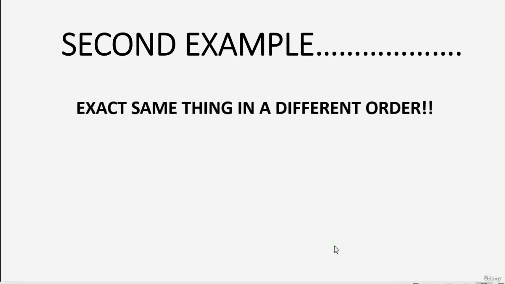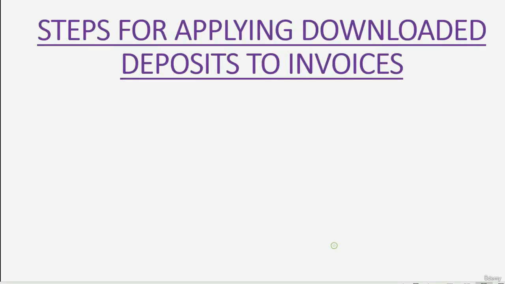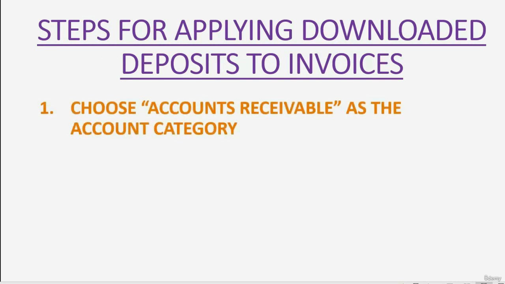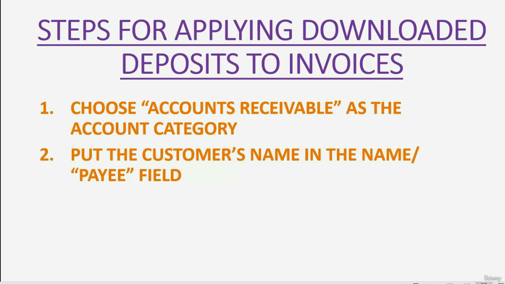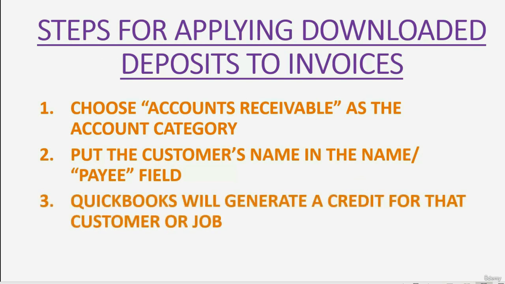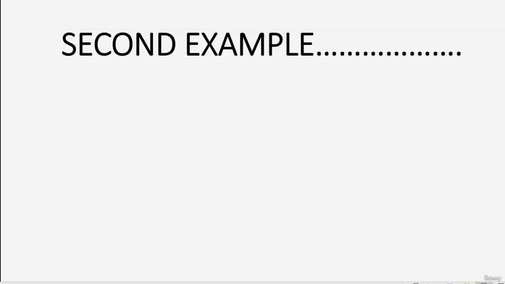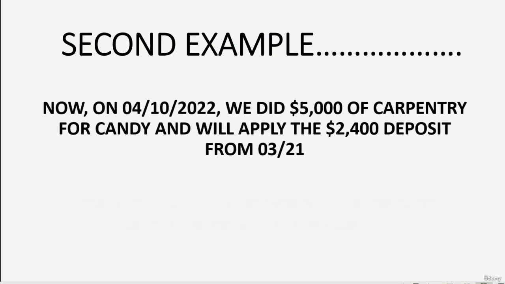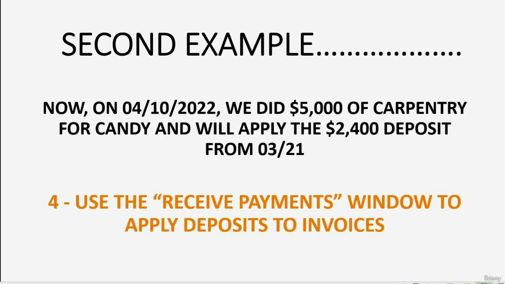So it's the exact same thing in a different order, and we'll remember first we put in the accounts receivable account, we put in the customer's name, and we generate a credit. Then after that, we make the invoice and go to the Receive Payments window.